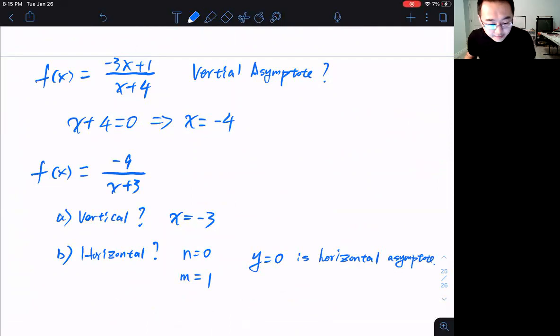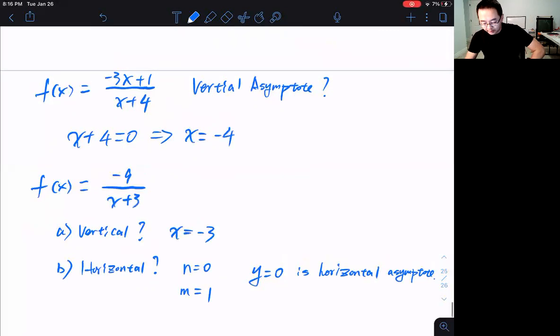And then if you look at other examples, just follow the rule here.